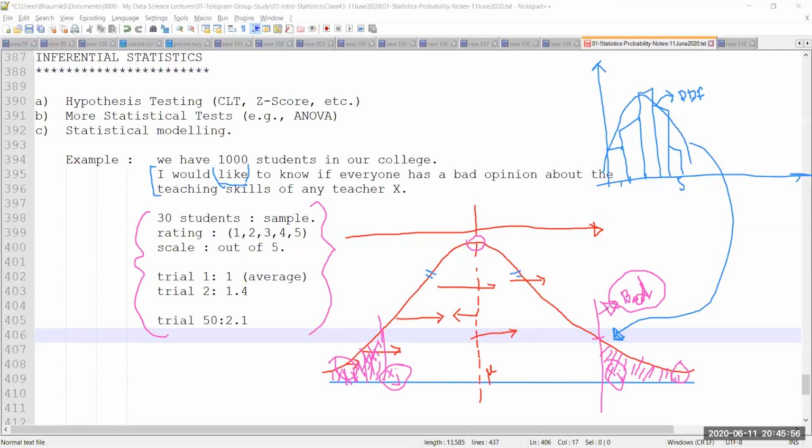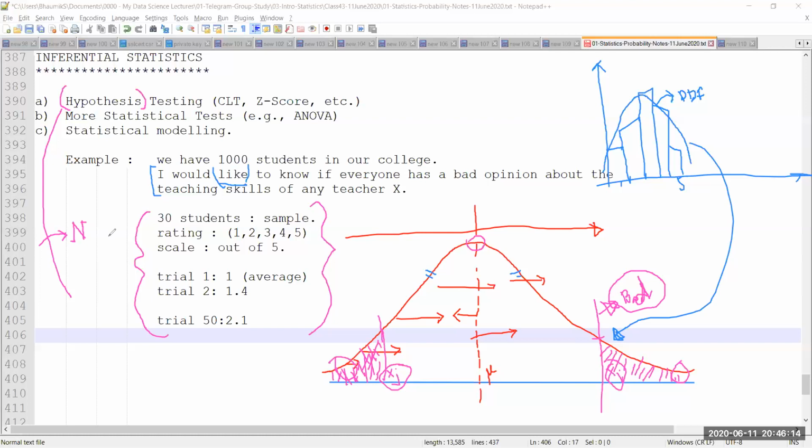This assumption that I have made is otherwise known as a hypothesis. Okay, and there are 2 kinds of hypotheses that can occur. The first kind of hypothesis is known as the null hypothesis. What we mean by a null hypothesis is also known as the status quo.